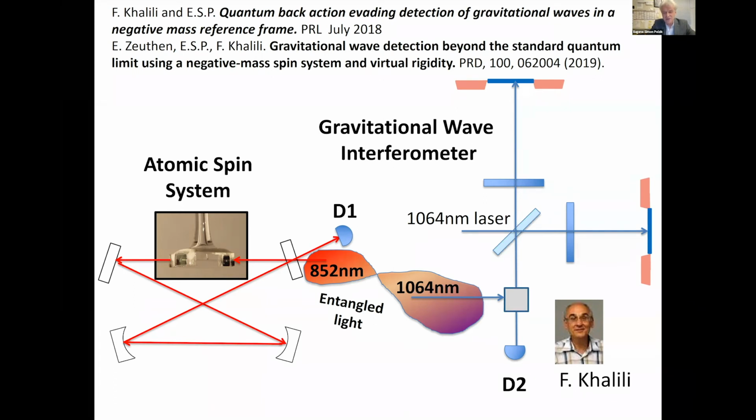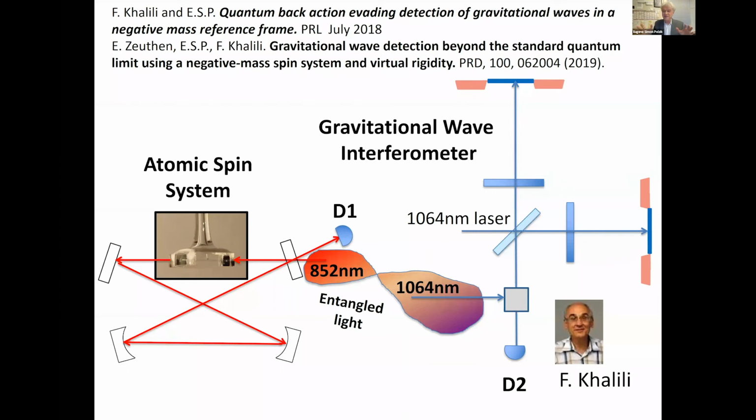And that definitely sounds familiar, at least to the quantum optics part of the institute. So we need to generate an entanglement between the light that we shine on the atoms and the light that will go into the gravitational wave detector.